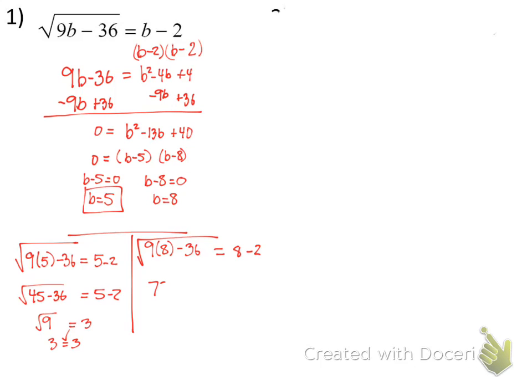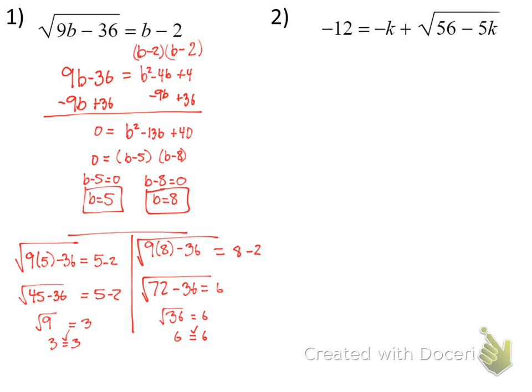So 9 times 8 is 72, minus 36 is 36, and the square root of 36 is 6. So 6 is equal to 6. Does this make sense? It does, so therefore this is also a solution. So you do all that work just to make sure you have the correct solutions, okay? So that's number 1.